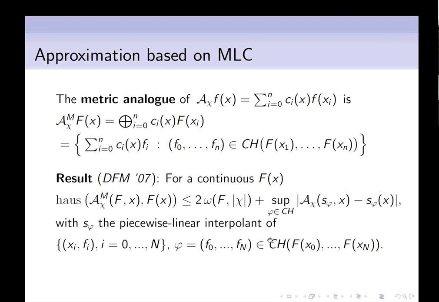These bounds consist of two terms. This is twice the modulus of continuity of f. So as the norm tends to zero, it tends to 0. It's okay. But in the second term, we apply this operator to piecewise linear single-valued functions phi, which interpolate this data, f_i, their values from the metric chain.